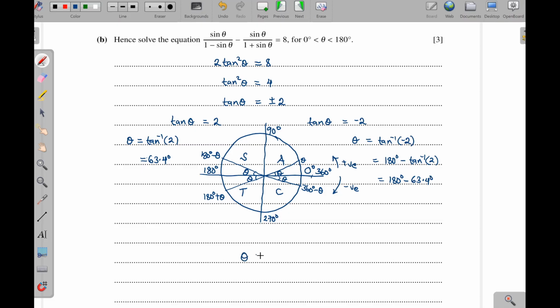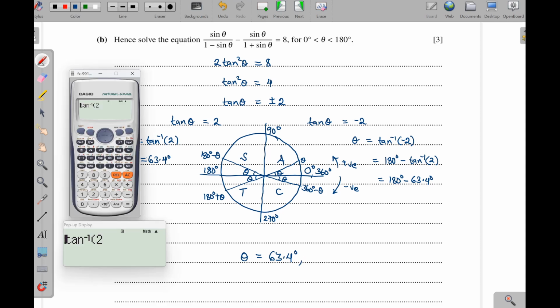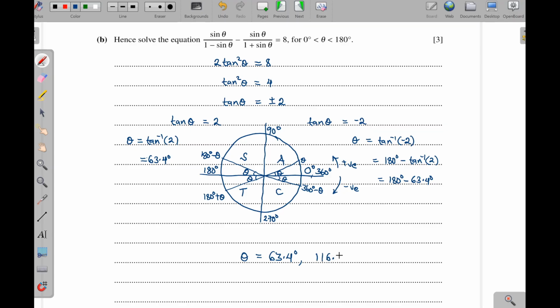So our theta is going to be 63.4 degrees, and the other one is 180 minus that, and that will be 116.6 degrees. This is to one decimal place. We give angles in degrees to one decimal place, and that is that.